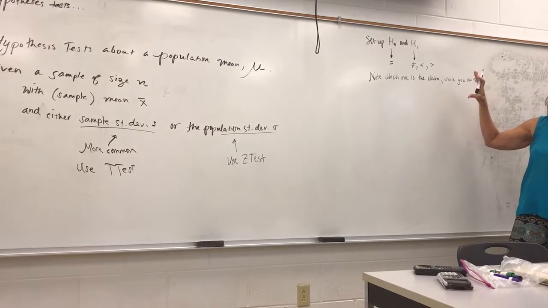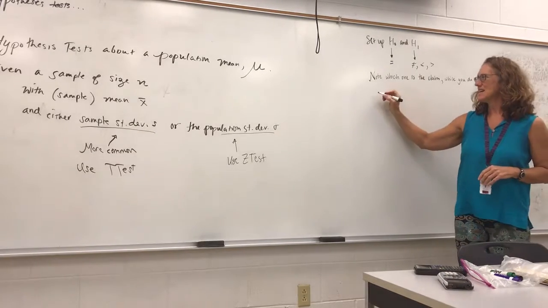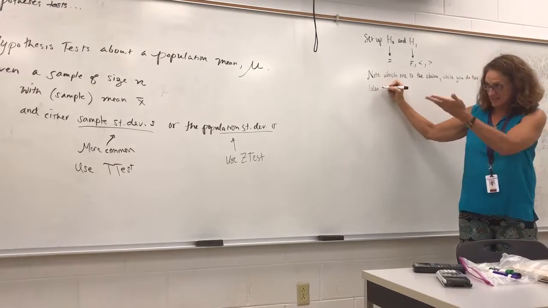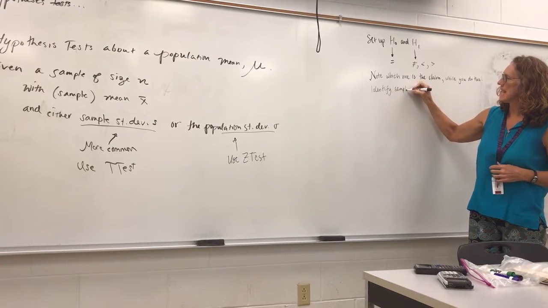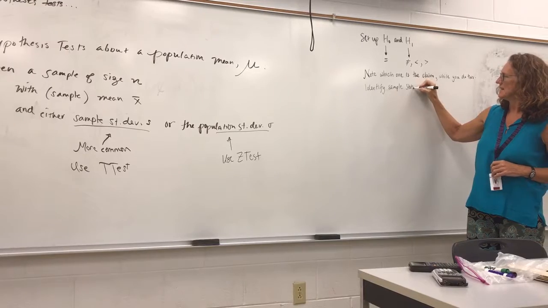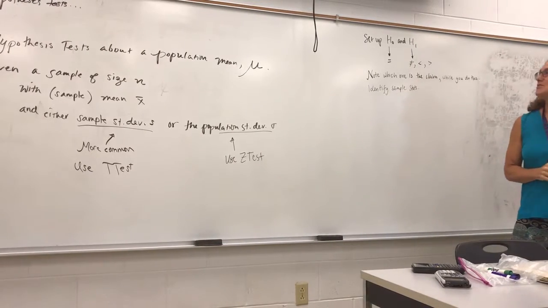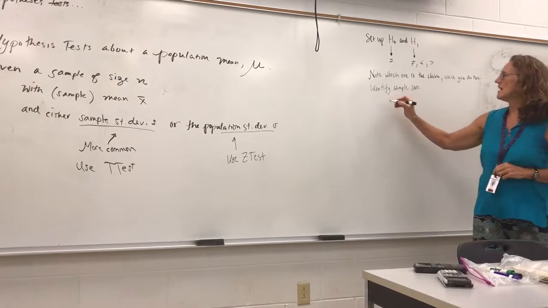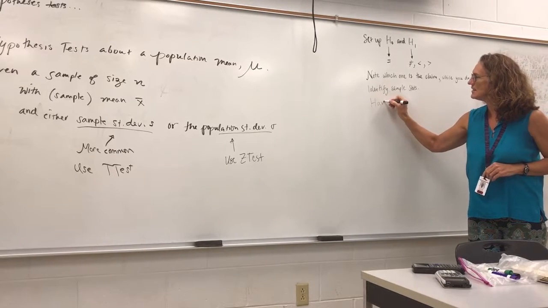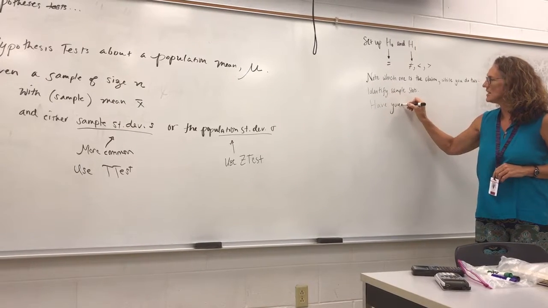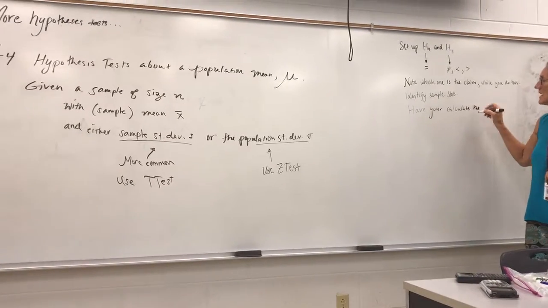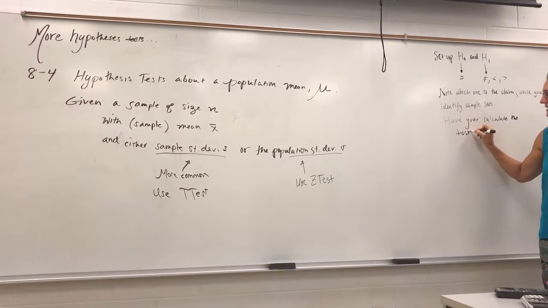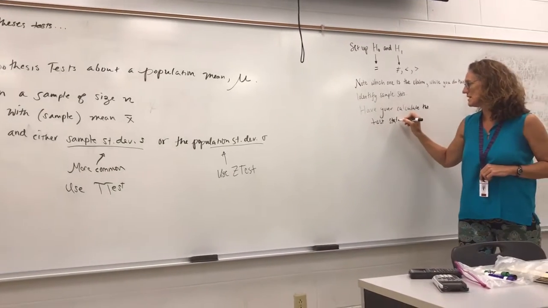Alright, so you set up your hypotheses, and then you identify your sample statistics, what you're given. And you go to your calculator and have your calculator calculate the test statistic, which is usually going to be a t-score.